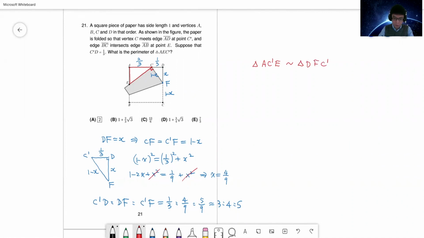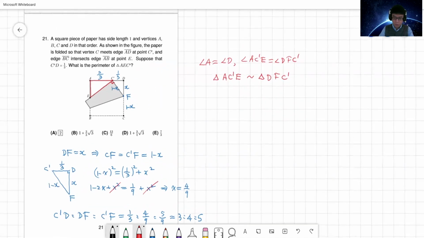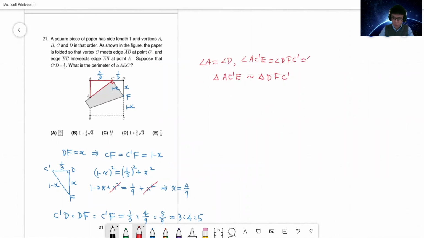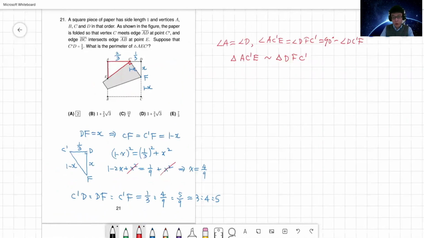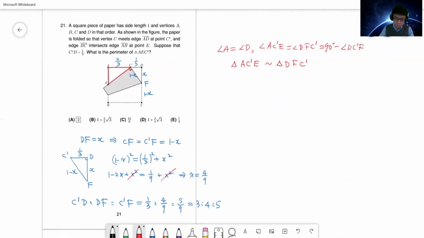This is because we have the same angles: angle A equals angle D, and angle AC prime E equals angle DFC prime. Both of them equal 90 degrees minus angle DC prime F. So they are similar, which means they have the same ratio for the three sides.